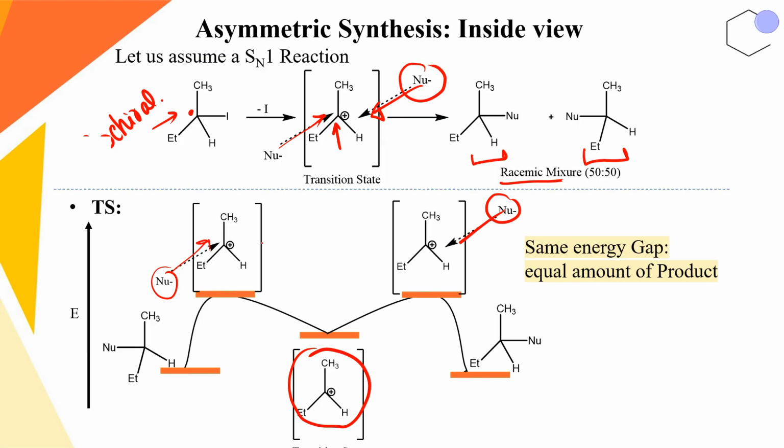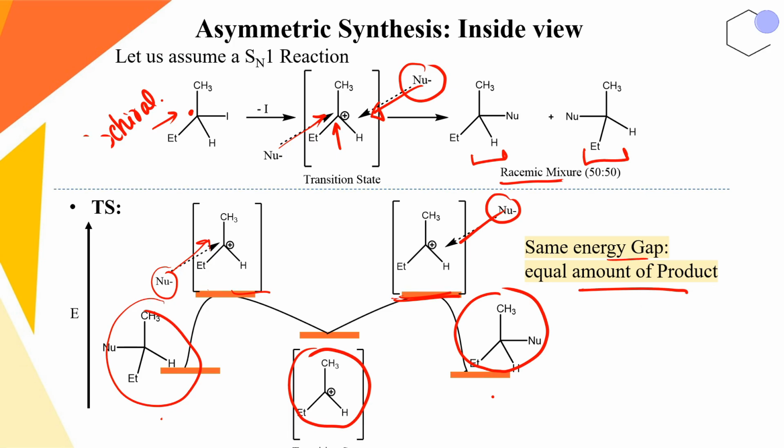In both cases you can find that the energy is the same, and that's why the formation rates of the two different products are equal. This stereoisomer can be formed in 50%, and this stereoisomer can form in 50%. This is the same energy gap, meaning an equal amount of product.